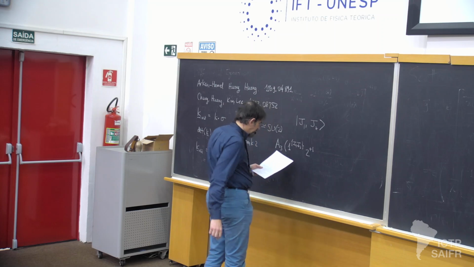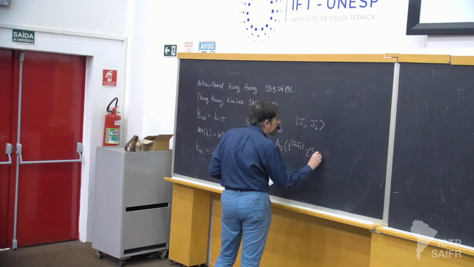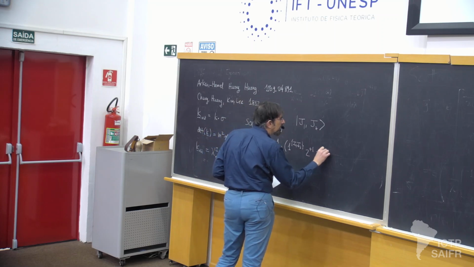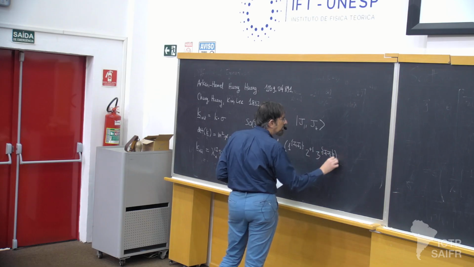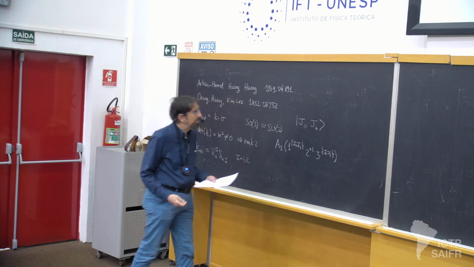So we're going to have 2 plus 1, and then the third particle again is spin 1, so it's a symmetric 2-index tensor, but of course the indices are different.